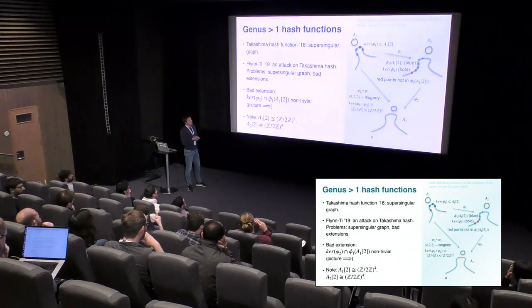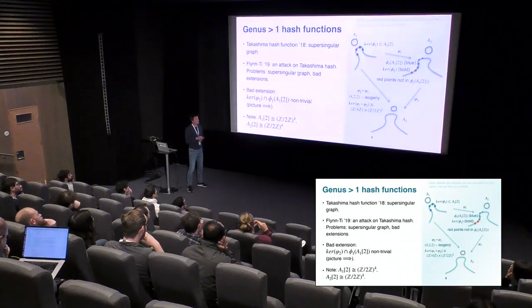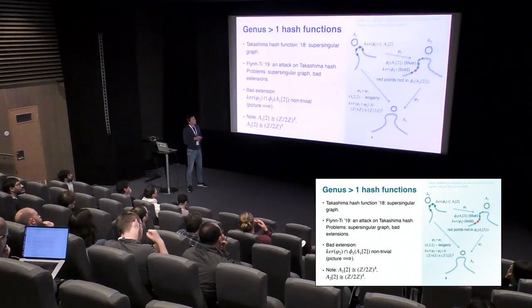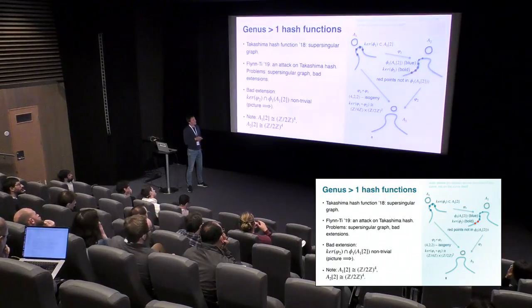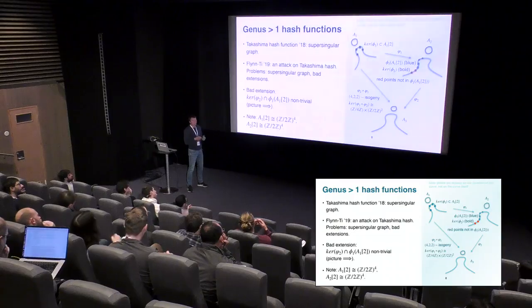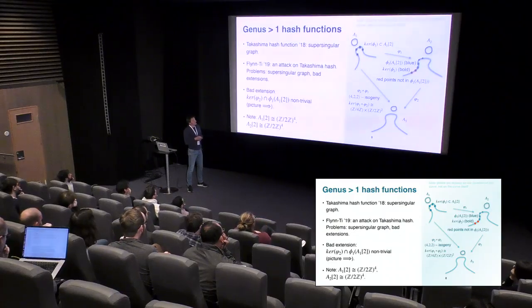In this case, we are in genus 2, so in dimension 2. So we again observe the 2-torsion points, but in this case, it doesn't have 4 points, it has 16 points. And when you are choosing the kernel of this phi1 isogeny, you need to choose 4 points instead of 2 points.